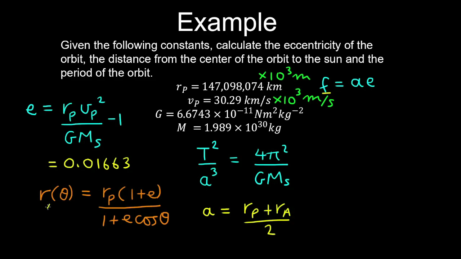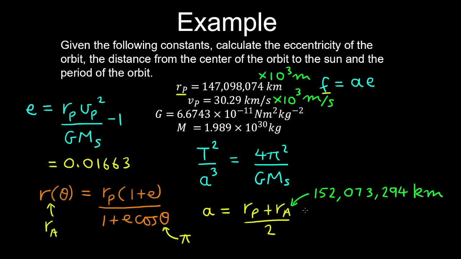And we can find the distance to aphelion by substituting for the eccentricity of the orbit, and theta is equal to pi, as well as the distance to perihelion, which is given. So this gives the distance to aphelion as 152,073,294 kilometers.